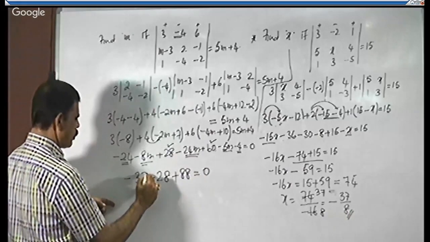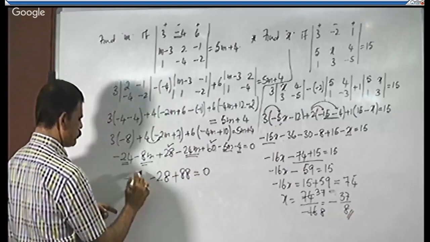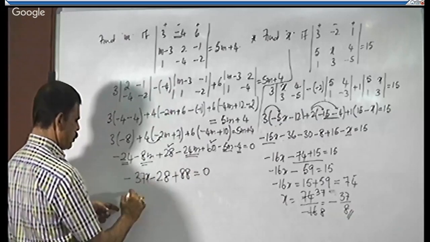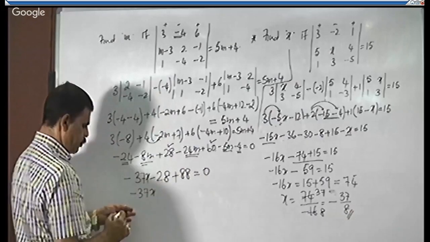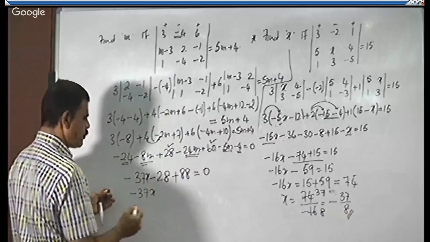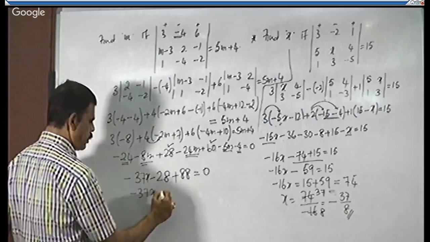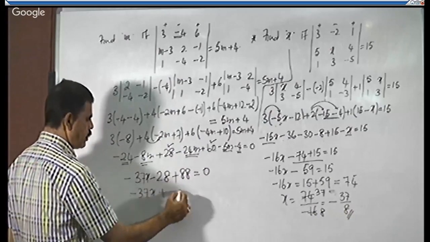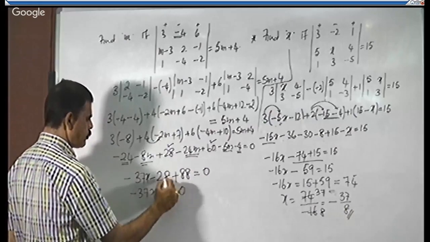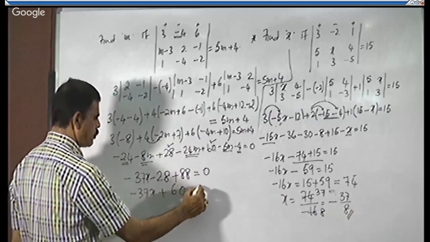This is 37x. Minus 37x. These are opposite sign. Take their difference. Which is bigger number? 88. Their sign is what? Plus. 8 minus 8, 0. 8 minus 2, it is 60. Which is equal to 0.